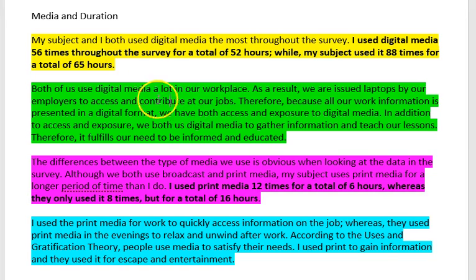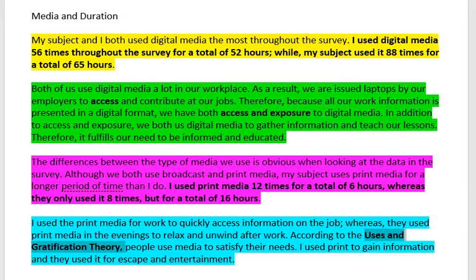I have listed the reasons, going back to the previous information in our booklets about access and exposure. And I've also talked about our media needs. Now, by doing this, I've covered all the information necessary to meet the criteria.